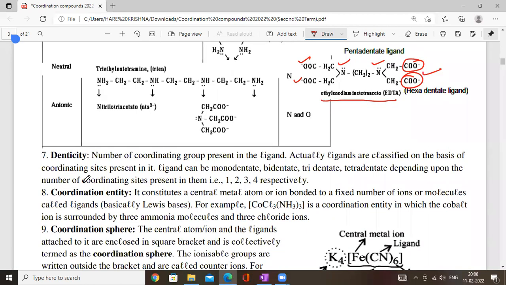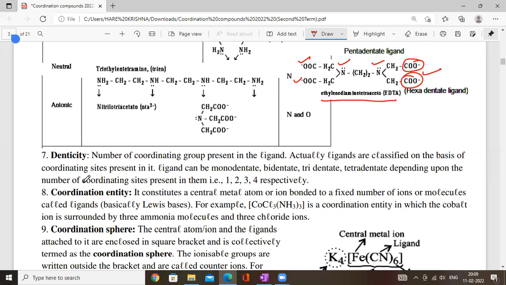That means the ligands are being classified on the basis of the coordinating atoms or coordinating sites present in them: monodentate, bidentate, tridentate, tetradentate. If I say monodentate, its denticity is 1. Bidentate has a denticity of 2. Tridentate has 3, and so on.